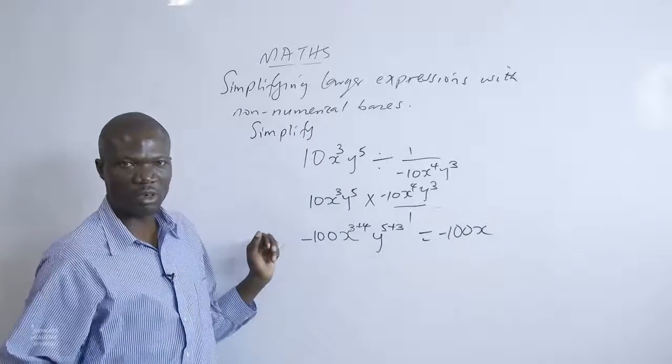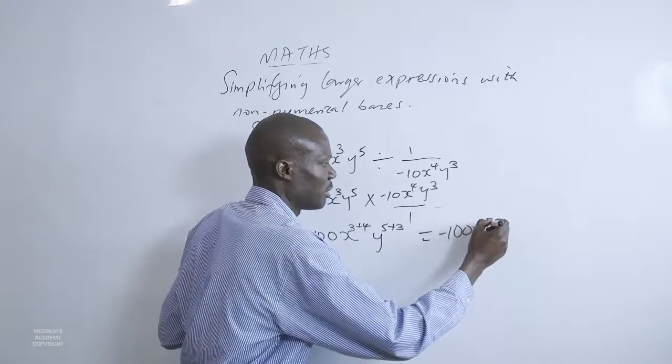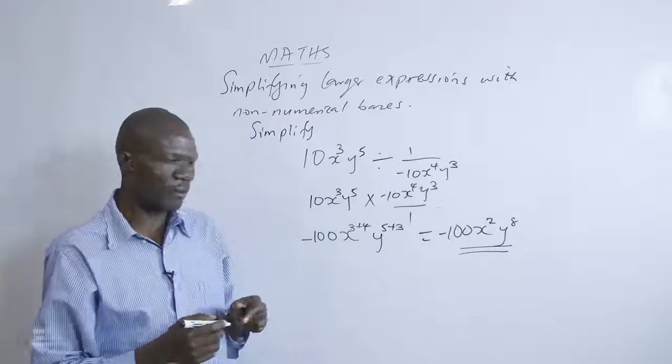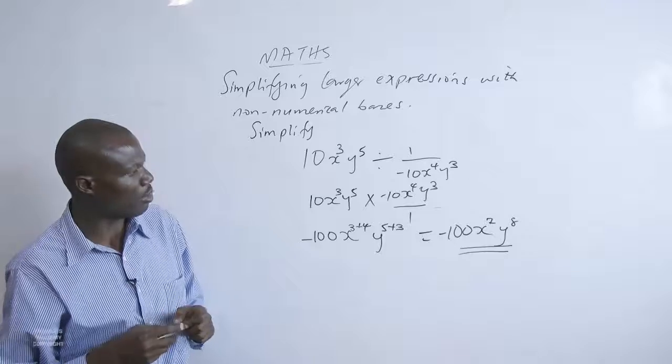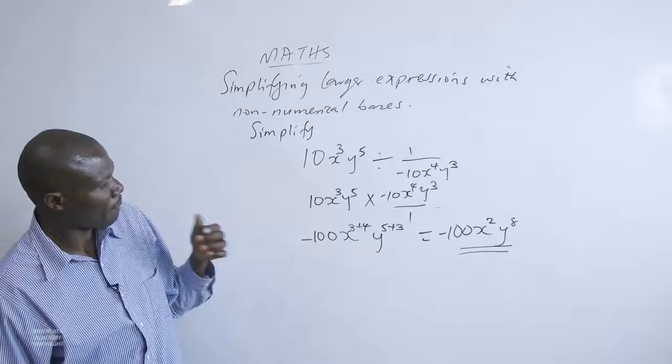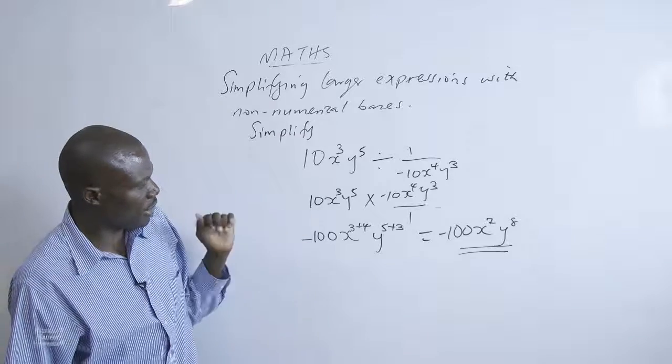x to the power 7 and y to the power 8. x^7 y^8. That is what we can get.